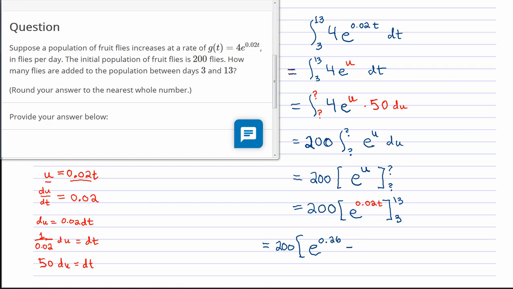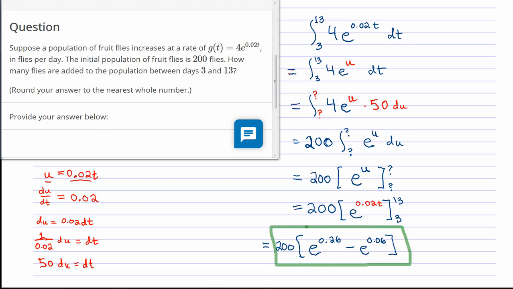And then I have to subtract what I get when I put 3 in for t. And so that'll be e to the 0.06. And that is the final answer.